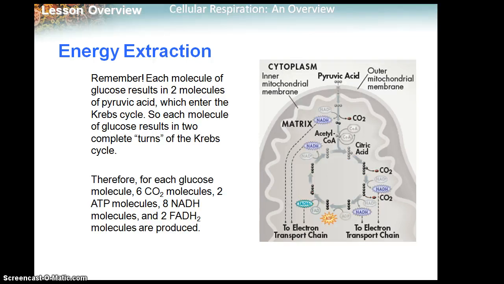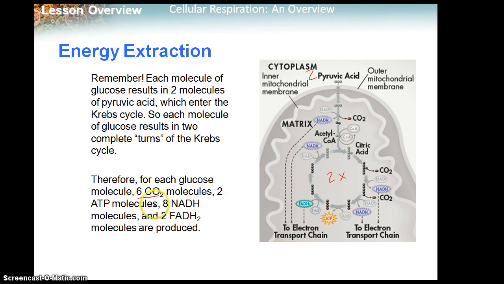Remember that each glucose gave us 2 pyruvic acids. So we are going to go through this cycle 2 times for every glucose. Therefore, not only do we get 3 carbon dioxides from each turn of the cycle, so we're going to get a total of 6 carbon dioxide molecules.